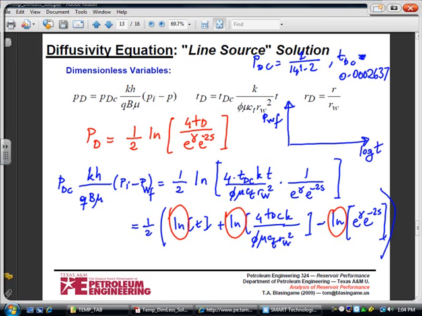Because we are always going to plot the pressure versus the logarithm. And the logarithm will be based on ten. There is no way we can plot ln. Okay? And there is a relation for that.